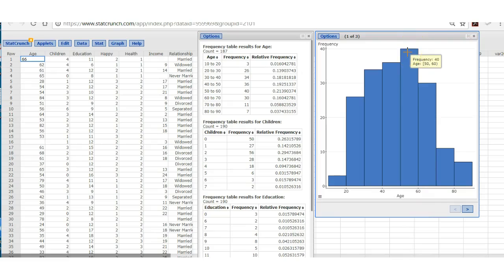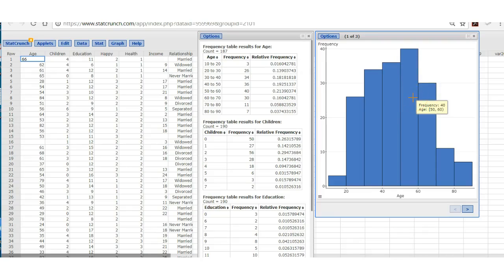From this we can see the highest frequency class is the one from 50 to 59. The lowest is the one from 10 to 19. And we've got most of our data grouped in this area, especially between age 30 and age 59.